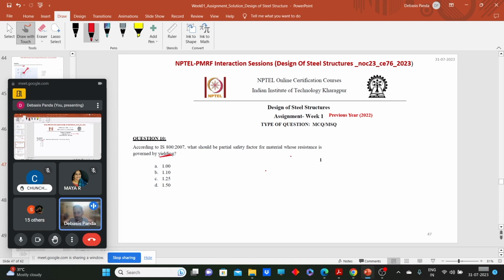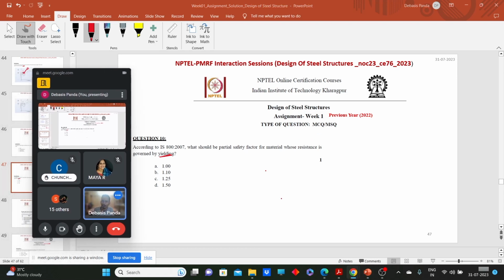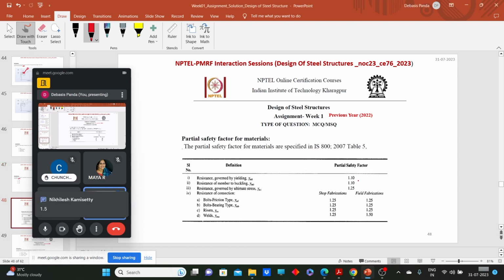What is the value? Quickly. Yeah, not 1.5. Here, the resistance governed by yielding is 1.1. 1.5, the factor of safety is not there. So 1.1, and if the resistance is governed by ultimate strength, it's 1.25.